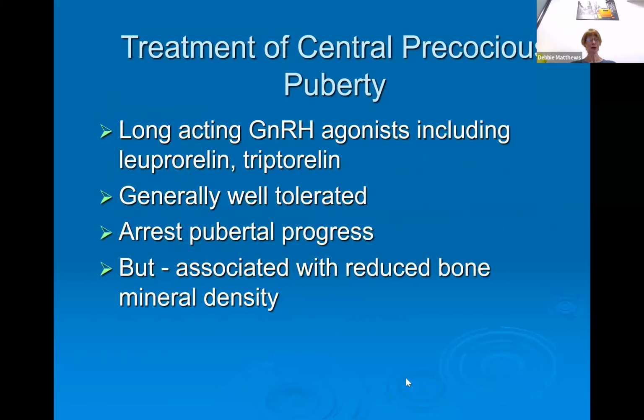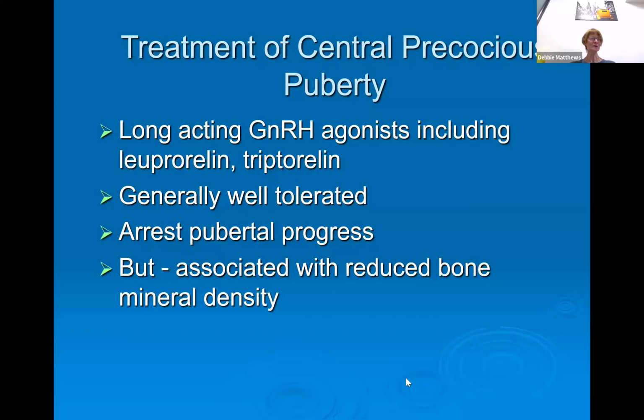So treatment of central precocious puberty, this seems a reasonable thing to do, especially in those who are very young. We're using long-acting GnRH agonists, including leuprorelin and triptorelin, and what these do is they cause initial stimulation of the receptor followed by blockage.